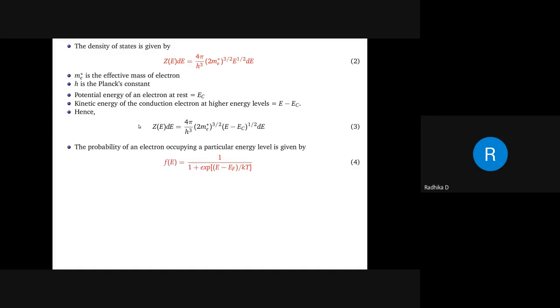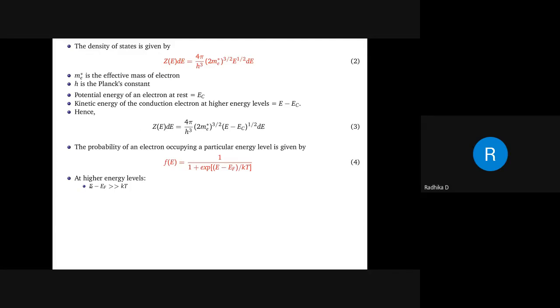And then you considered the probability of electrons, that is your f of E, Fermi function, Fermi factor, Fermi distribution, all different names. So you have this general expression, but you applied a condition that in a conduction band, all energy levels are above the Fermi energy level.